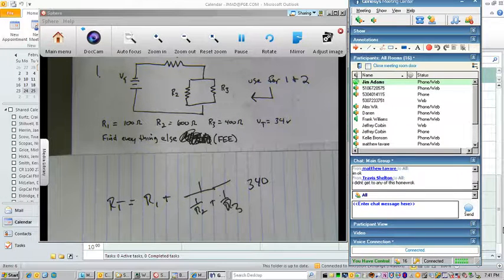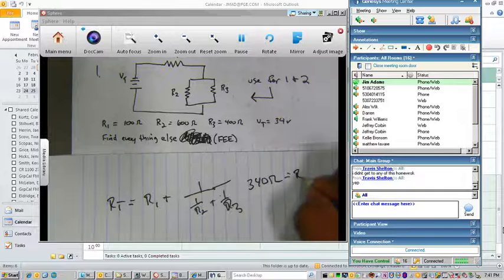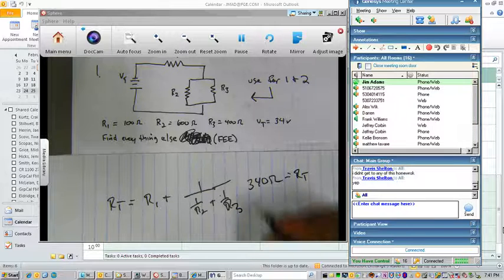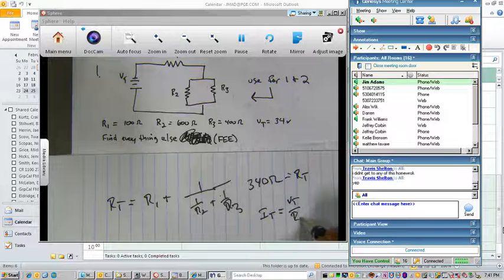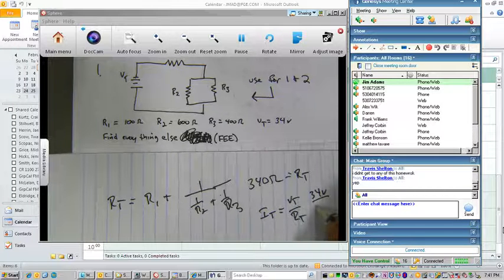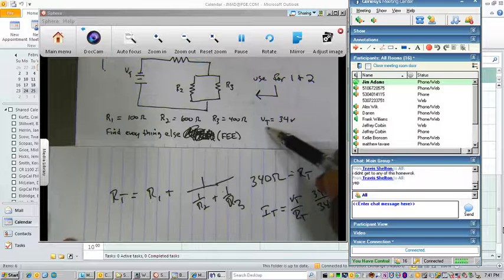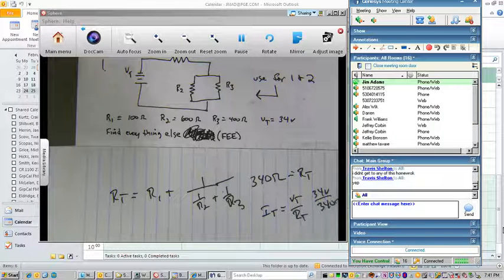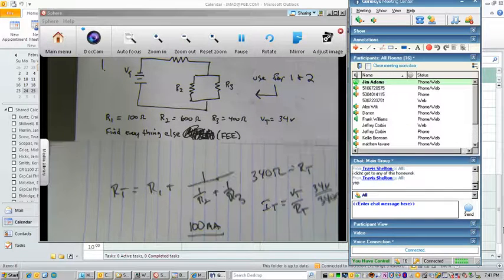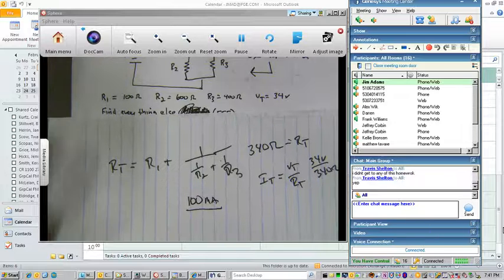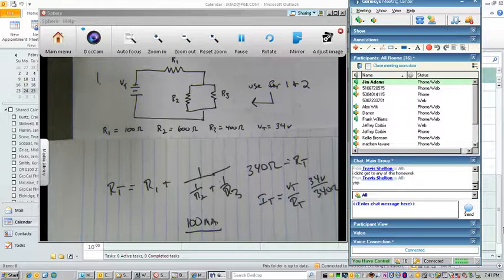First thing I would do at this point is figure out my total resistance. So total resistance equals R1 plus 1 over R2 plus 1 over R3, something like that.